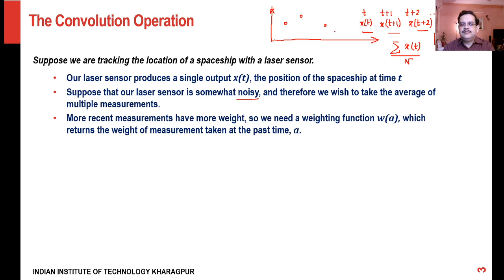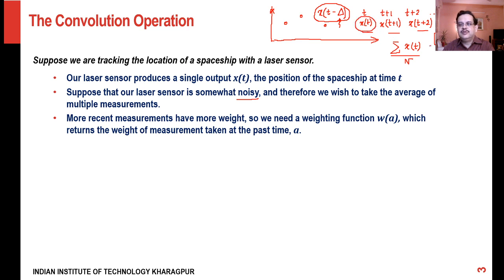But if I compare this position with, say, x(t minus delta), and delta is reasonably large, then obviously the position of the spaceship in that amount of past and its present position are quite different.